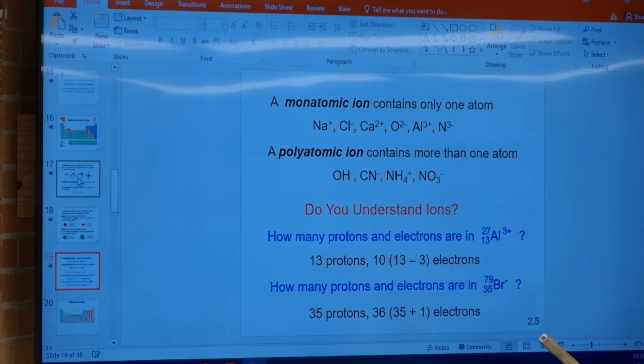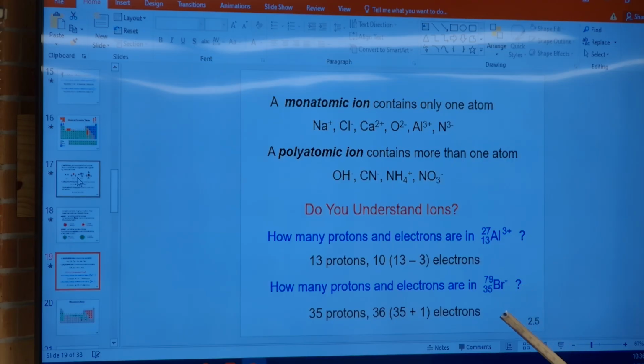For this symbol, bromine negative 1 charge, 35, 79. 35 is the proton number. The neutron is mass number minus proton: 79 minus 35 is the neutron. Electron: 35 plus 1. Be careful, minus means gain an extra 1 electron.